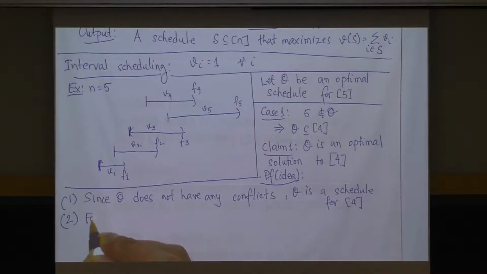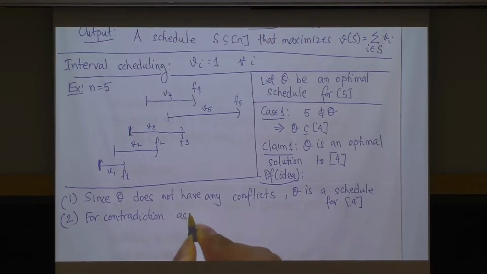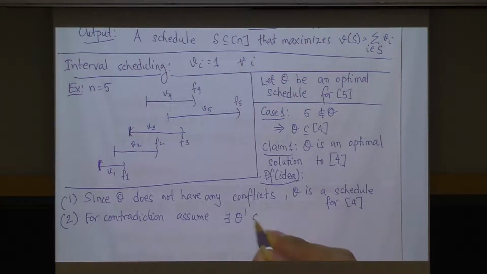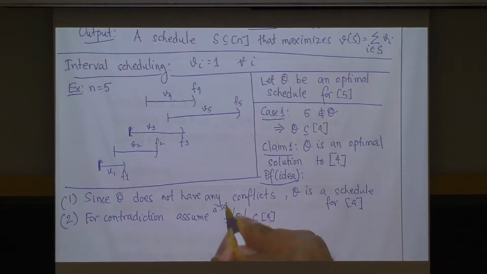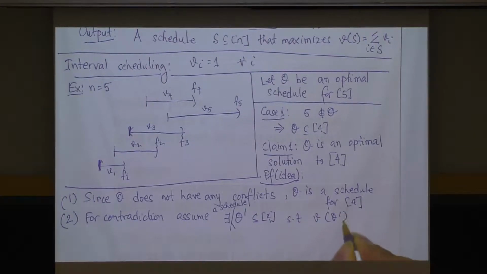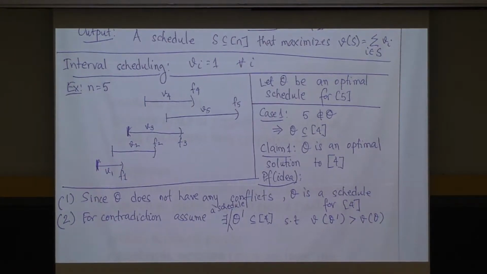So for contradiction, assume there exists a schedule O prime such that its value is more than O's.